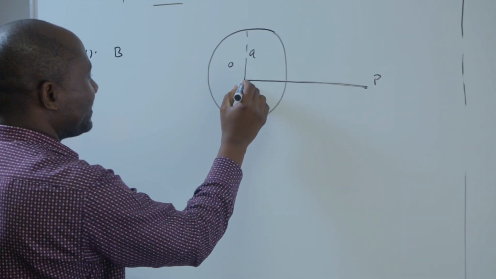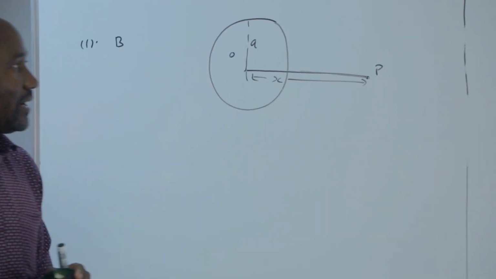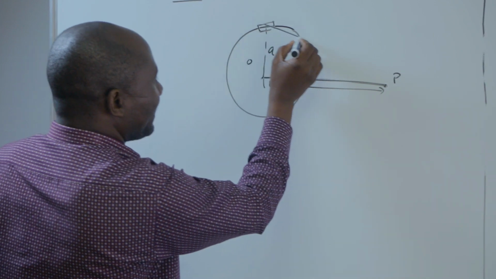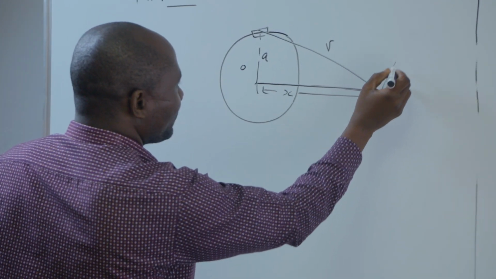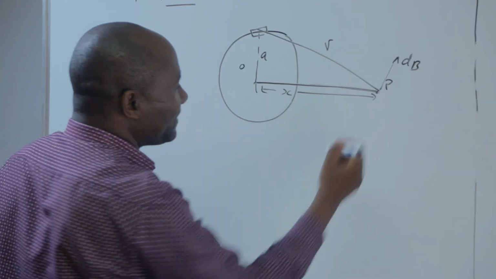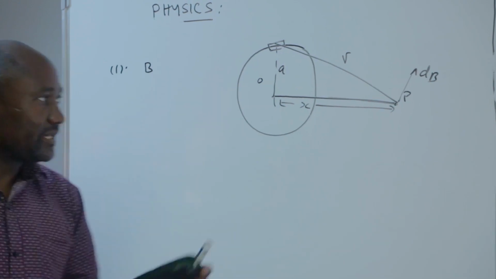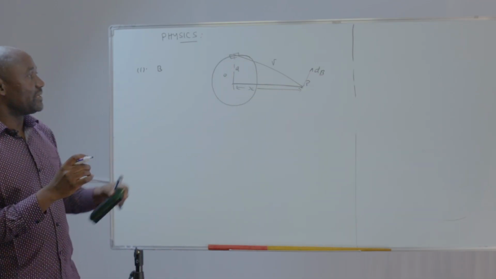And the distance from the center, we call this x. If you remember, the way you derived this, we draw the line here. That means that there was r, and this is perpendicular. That's the magnetic field for small elements, at point P contributed by that length you choose, given by dB.